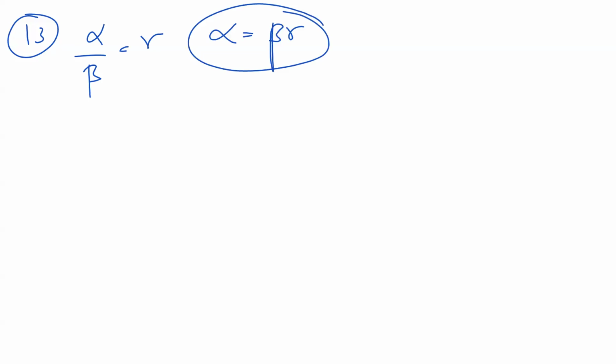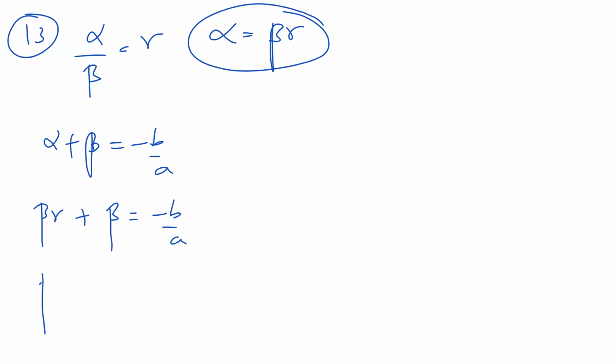Unlike the previous problem, in this problem alpha and beta are not mentioned in the quadratic equation, so we can take our roots as alpha and beta only. Alpha plus beta is minus b by a, since the values of a, b and c are not given. So beta r plus beta is equal to minus b by a. So beta into r plus 1 is equal to minus b by a. So beta is equal to minus b upon a into r plus 1.